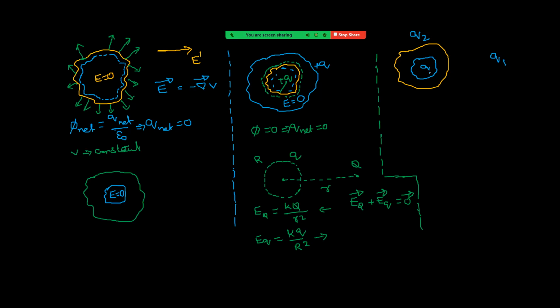Suppose I change the location of Q inside the cavity, still the outside field remains the same. This means the field inside the cavity does not depend on the charges outside the cavity or on the motion of the outer charges. In the same way, the field outside the cavity does not depend on the charges inside the cavity. The charges inside the cavity cannot influence the electric field outside. Charges outside cannot influence the field inside the cavity.